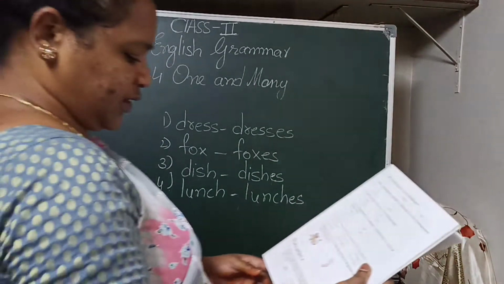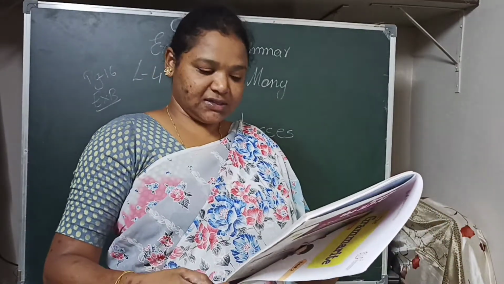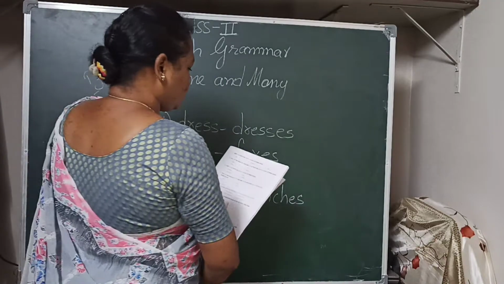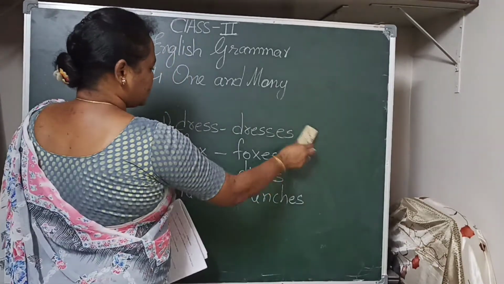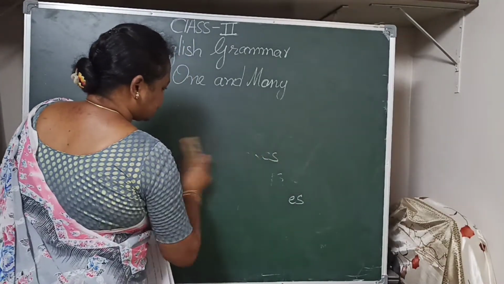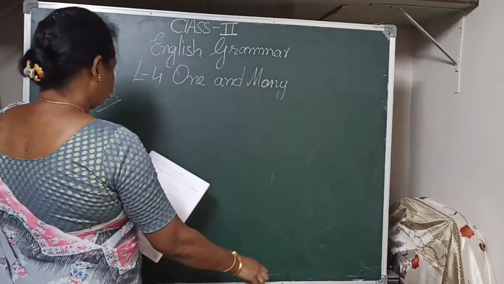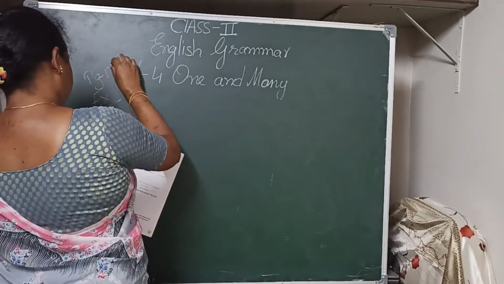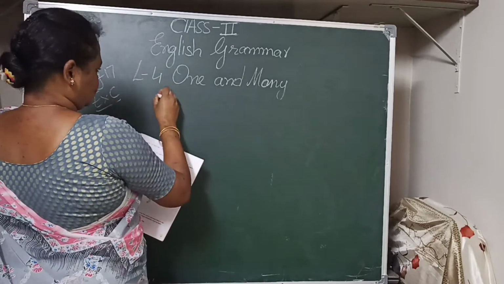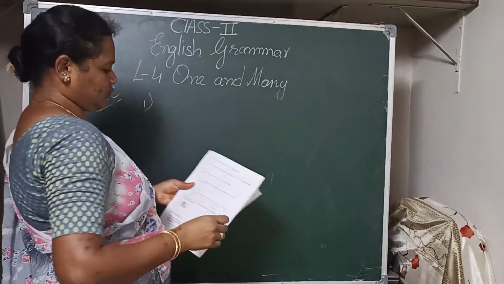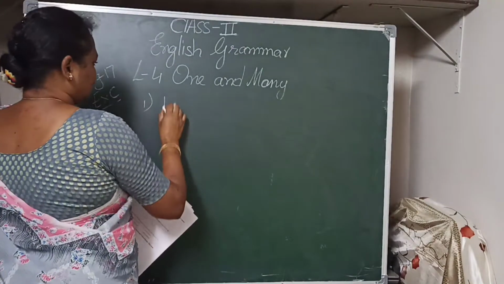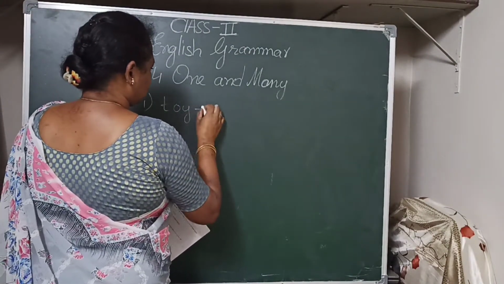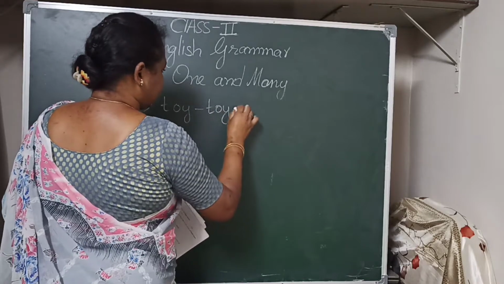So moving on to the next exercise on page number 17, children, exercise C. We have to add s to form the plural of these nouns. So we have to add s. First one is toy. So, toys. Only add s.